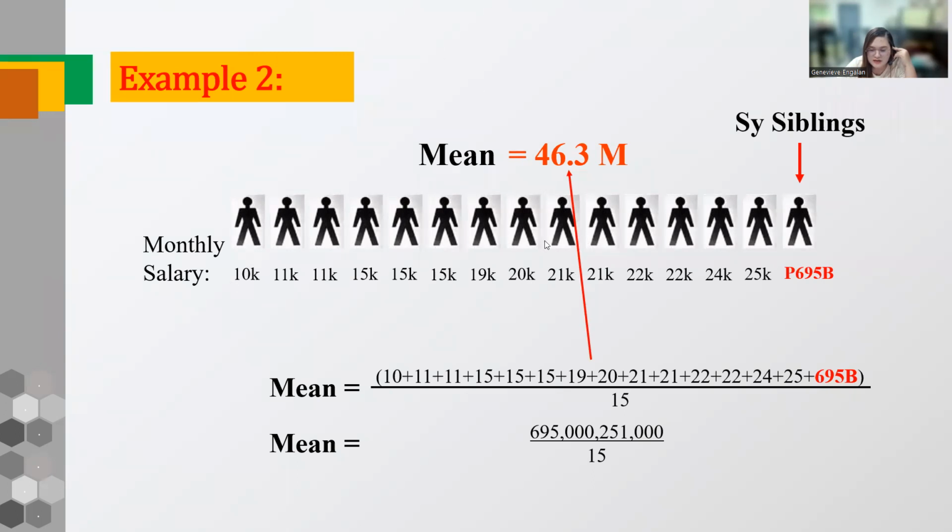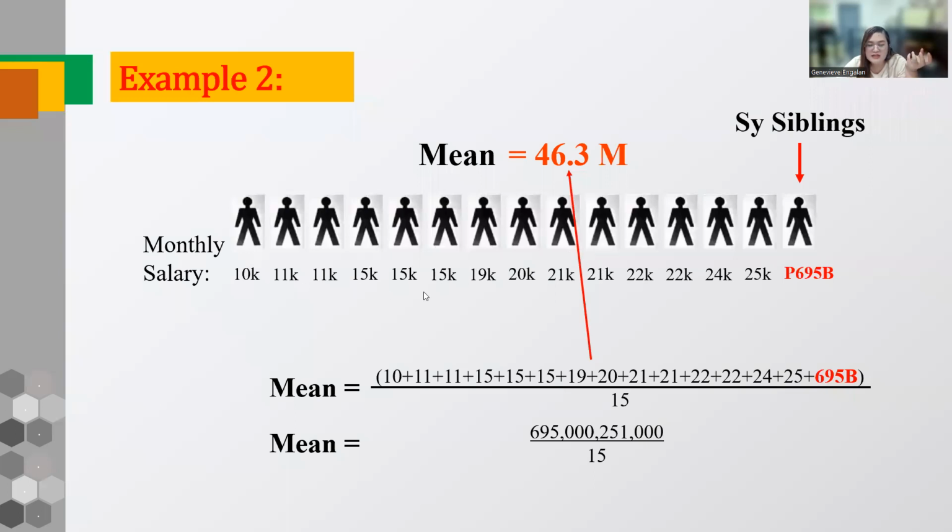Yes, ma'am. Because our aim is to find a value that represents our data. Is it good? It should represent it. But the mean monthly salary that came out is 46.3 million.